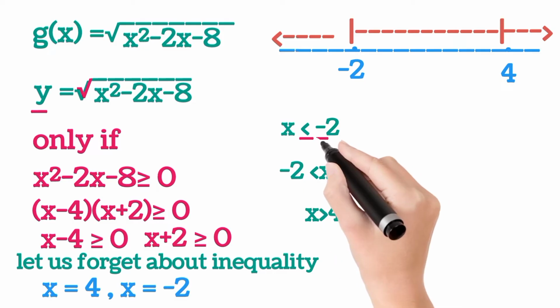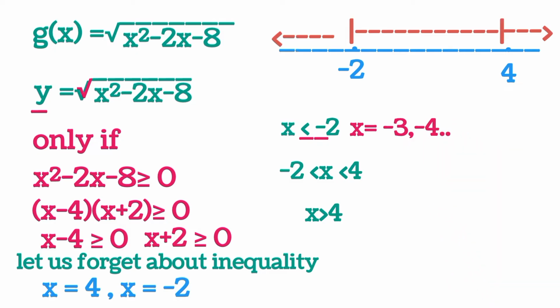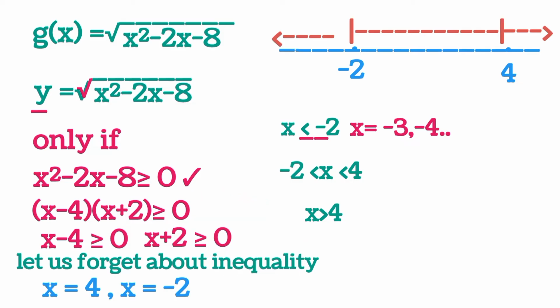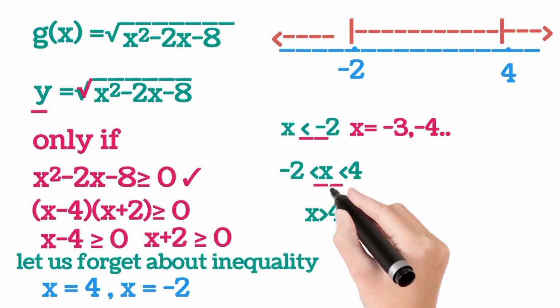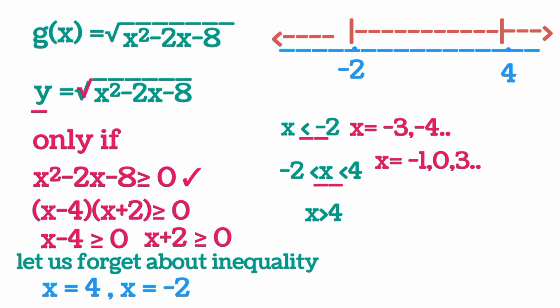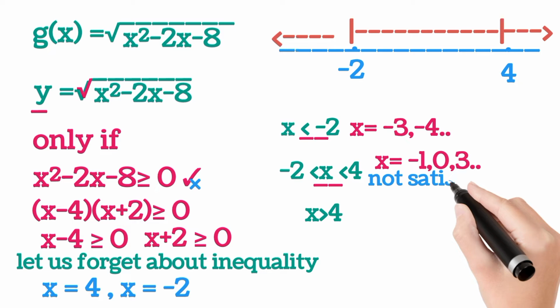So in this section, taking the values −3 or −4 or any other value, we will see that this equation is satisfied. In this interval, if we take x = −1, 0 or 3, we see that this condition is not satisfied.